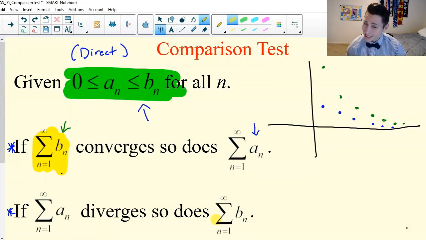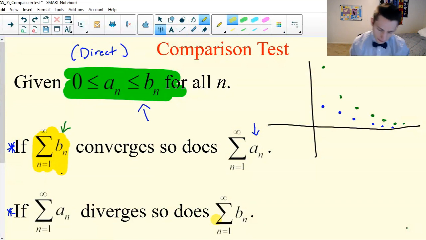If I know that series will converge, and I know there's this other sequence of an that are always less than it, well, then if the series of bn is converging to some value, and the series an is below that, then it's like the comparison is, if I know that bn is going down and converging to some value, then it must be forcing an down too. an must also be converging to something, since I know it's less than this thing that is already converging, if that makes sense.